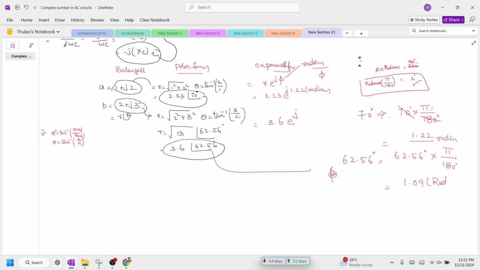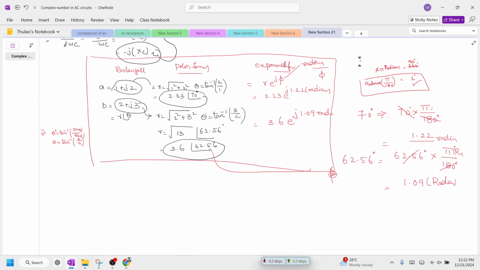Ultimate units are radians. Why? Degrees will get cancelled out and automatically multiplied by the units of pi, which is radian. So here you are going to get 1.09 radians.